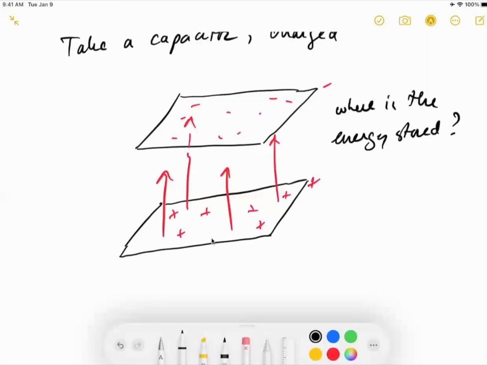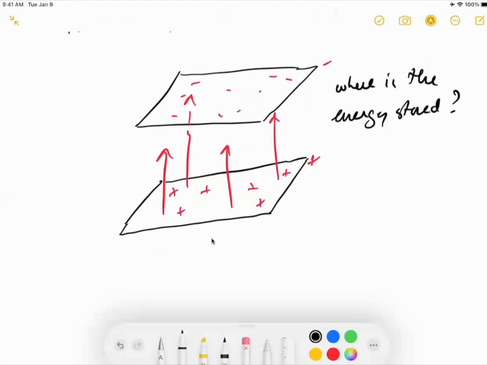Those two go hand in hand. And later on, you will see that actually electric fields can carry energy, which is how we get the displacement current, for instance. So it's really not that strange to think that the energy is stored in the field.